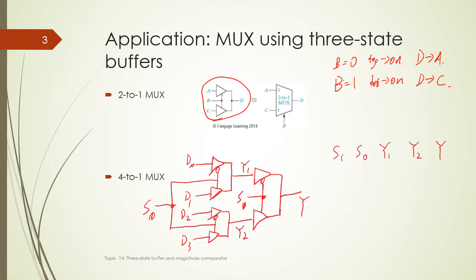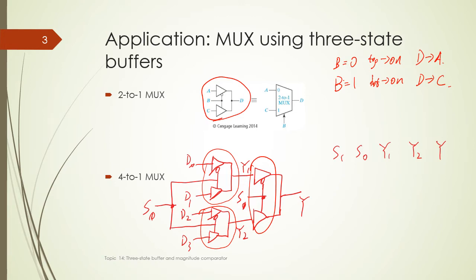And if we use 3 of such structures, we can realize a 4-to-1 mux, as shown here. So we have one such pair here, one such pair here, and the third pair here, right? So let's do a quick analysis.